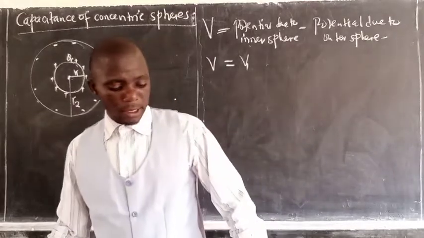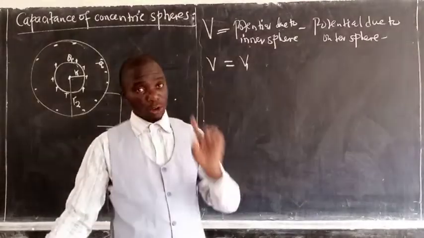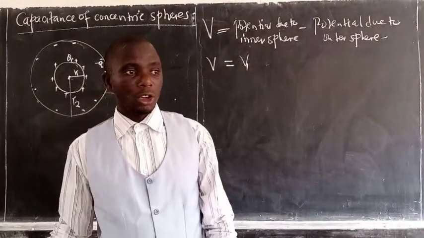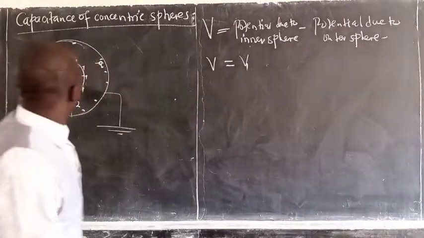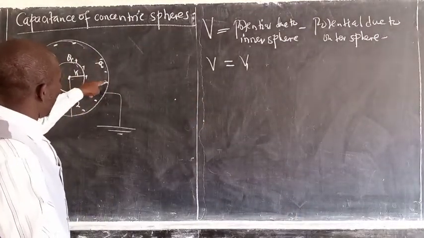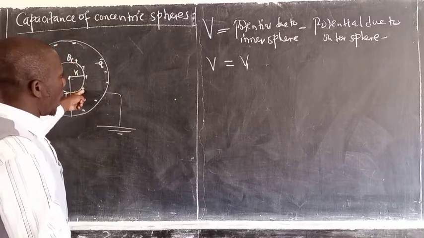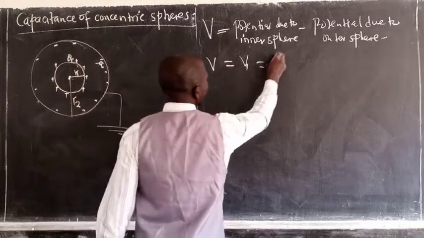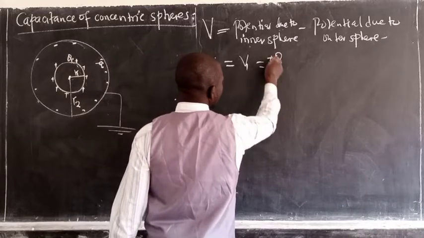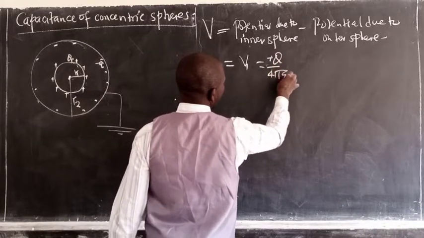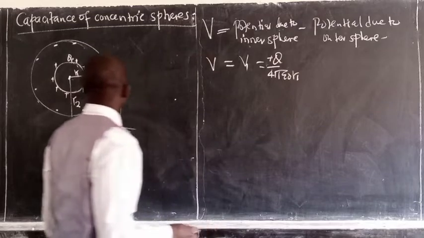Okay? But still, the potential of the whole arrangement depends on the potential here and the potential there. The potential here will be positive charge out of 4 pi epsilon naught R1.